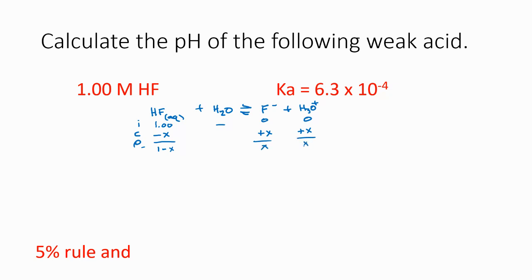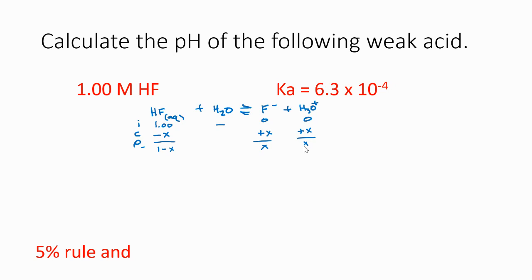And this is a little bit more complicated than it needs to be, because right now I'm going to have to use the quadratic equation to solve this. That's not impossible. It's something you're all capable of doing, but do we have to is the question. And we're going to find out that probably we don't have to.